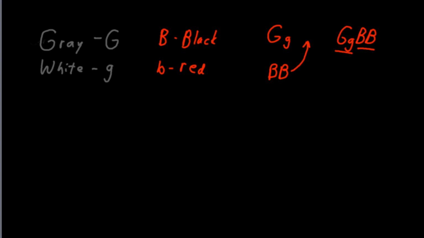It says, what if you have an individual that is heterozygous for fur color and homozygous recessive for eye color? What would that individual look like?